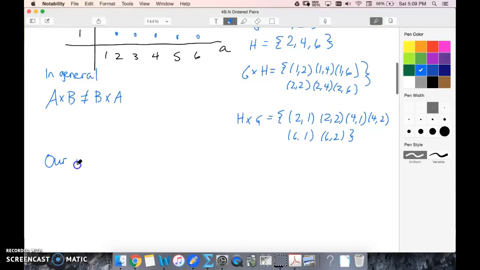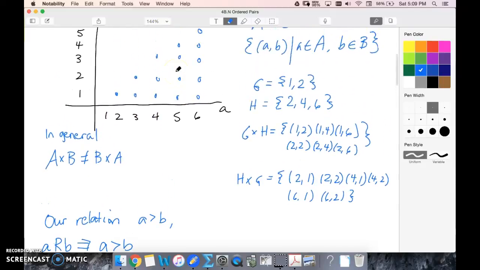So our relation here is that A is greater than B. The way we note that is that A is related to B in such a way that A is greater than B. So if we look at this, we could list all these individual points, but we've got them here, so I'm not going to list them out.